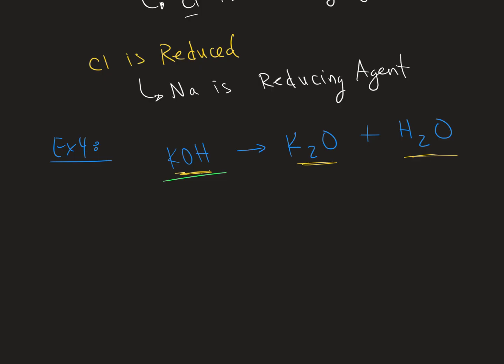We need to be able to differentiate between ionic and covalent compounds for the rest of forever in this class. Okay? So this is an ionic compound. Therefore, the oxidation number of potassium is +1. Good?